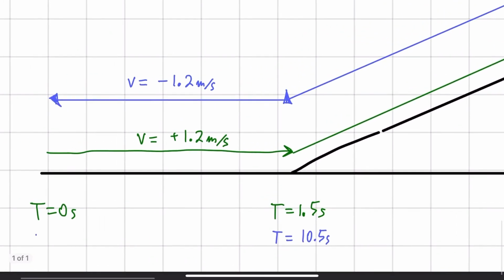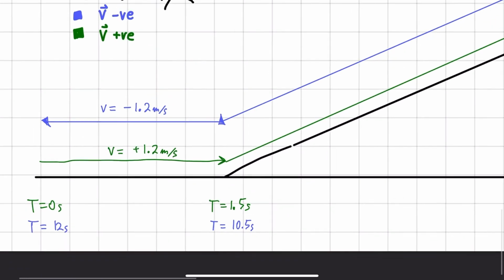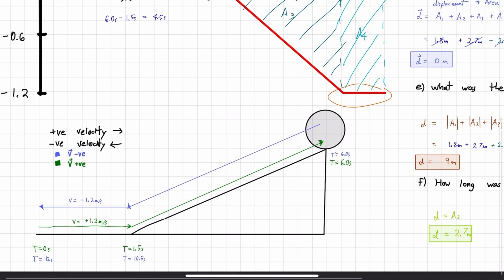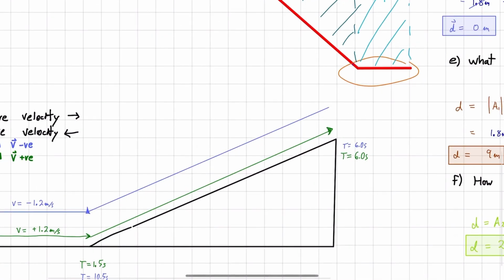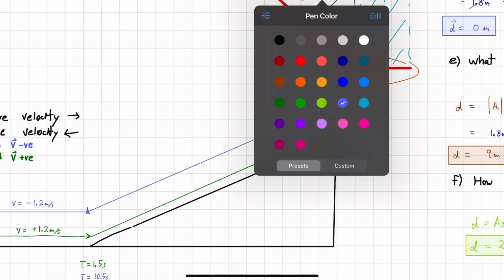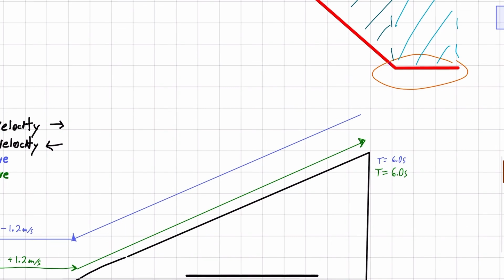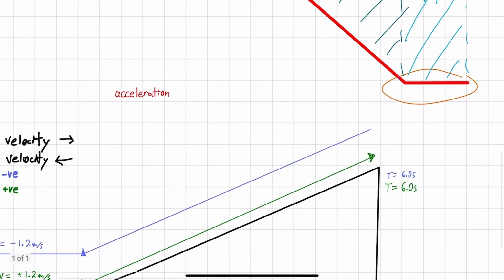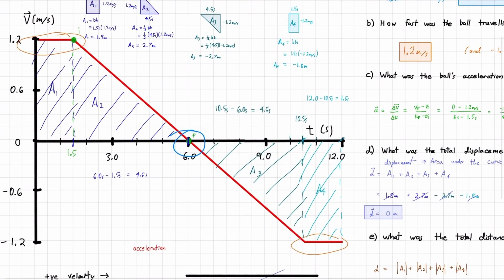And then by the end, when we stop the stopwatch, time equals 12 seconds. Now let's try to understand here what's happening on the ramp. So on the ramp, we have an acceleration that occurs. Now you might be thinking, well, to me it looks like a deceleration because our speed is actually slowing down.